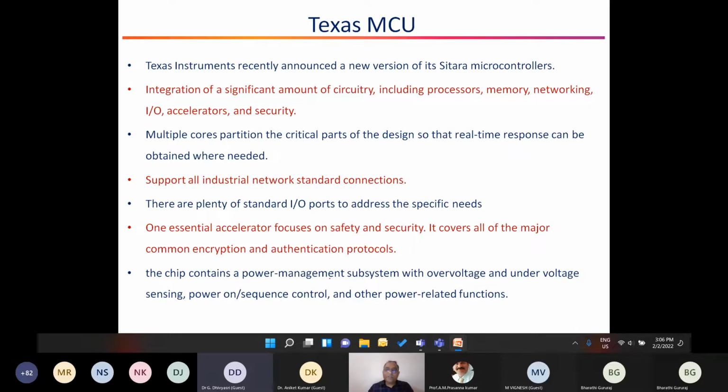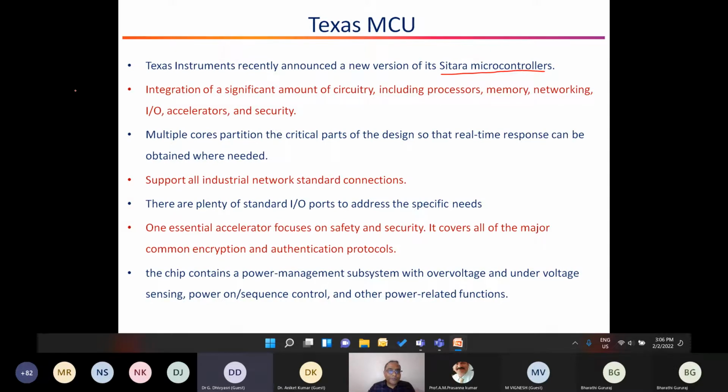It is developing this Sitara set of microcontrollers, which will have all the parameters we have discussed. In addition, these controllers will have a significant amount of circuitry in the processor, large memory capacity, networking protocols, an IO accelerator, and above everything, they should be able to offer a secure environment.